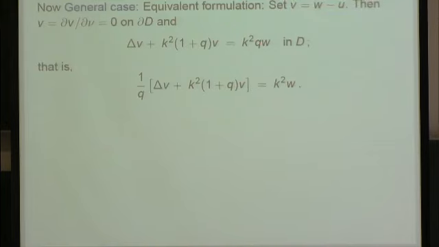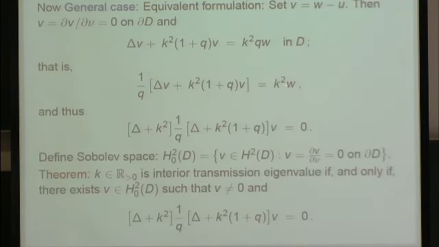Now you divide by Q and get this equation. We assume that Q is positive. John Sylvester cannot do that, because if Q changes sign, then you cannot divide. That's the point. And then we know that W has to solve the ordinary Helmholtz equation, so we apply the Helmholtz operator to this equation.